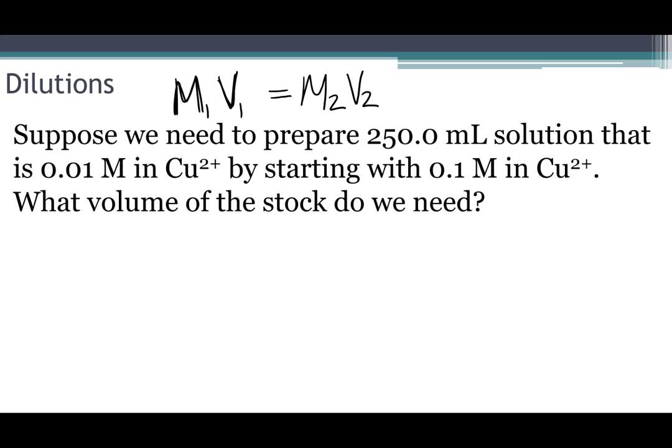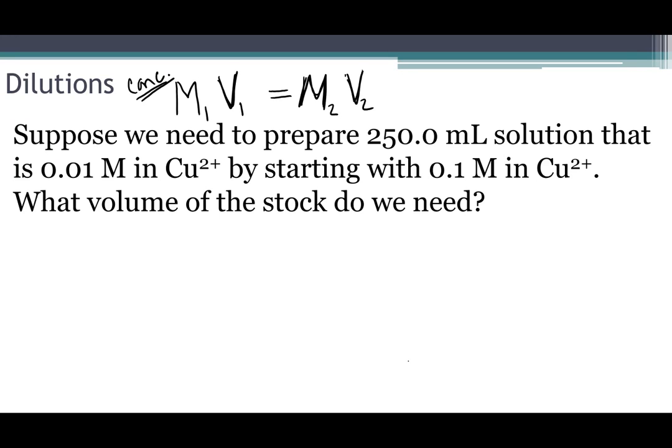You might also see this with lowercase c's and lowercase d's, or subscript d's here. So M1 and V1 are going to be the molarity and the volume of our concentrated solution. Okay, so this would be our concentrated side, or our stock solution.